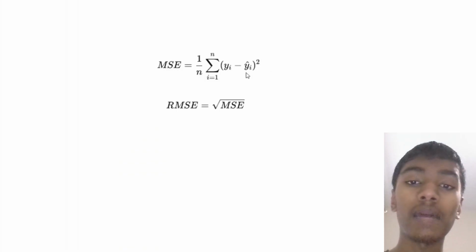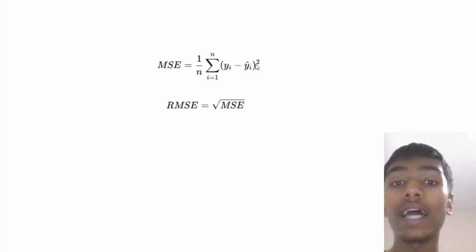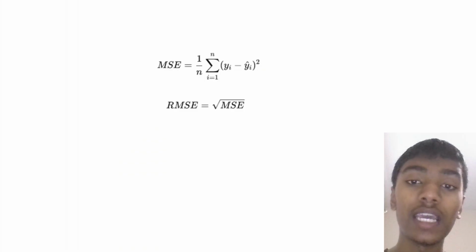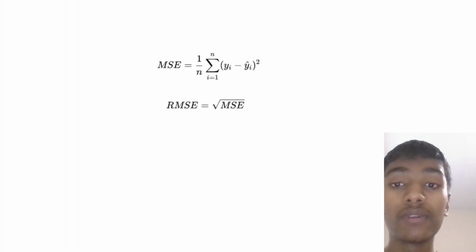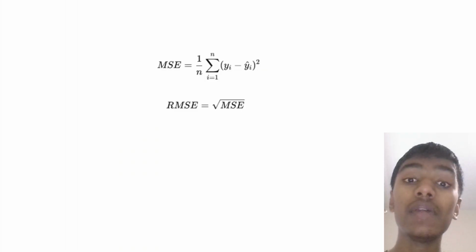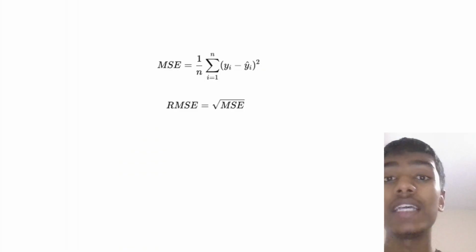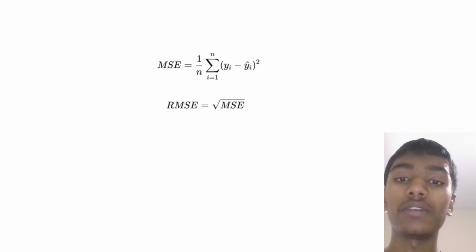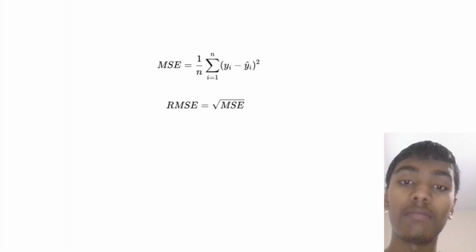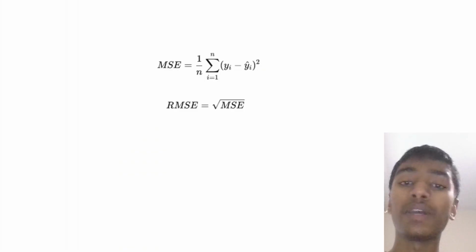If you were to have an error of 10, that would result in 100, whereas an error of 1 would remain 1. As you square numbers approaching positive infinity, the result expands even further. That's exponential growth, so the rate at which it increases is not linear at all, and it penalizes those bigger errors.